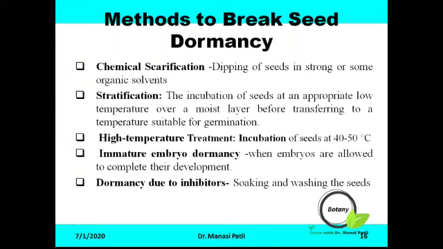Last, to break the dormancy that is caused due to inhibitors: in this, dormancy due to inhibitors is broken by soaking and washing of seeds. In nature, this can be obtained by the leaching action of rains. In some seeds, treatment with gibberellic acid solution removes dormancy.